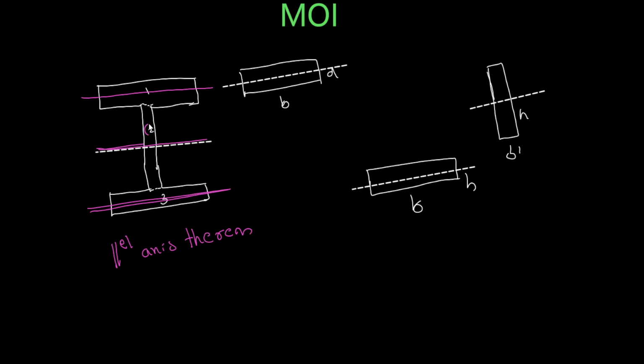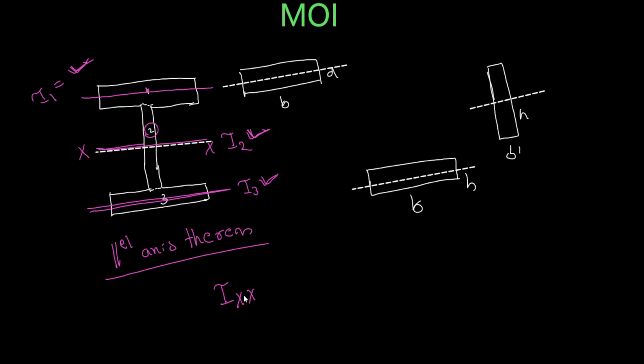Suppose for the second figure you got the I2 value, by using the bd cubed by 12 formula. For the first one, you got I1 using the same formula. For the third one, you got I3. So the question is asking you to calculate about the x-axis. So you will write, by using the parallel axis theorem, what will you write?